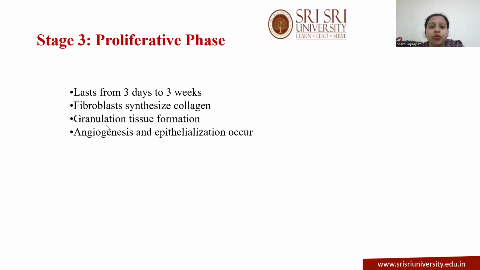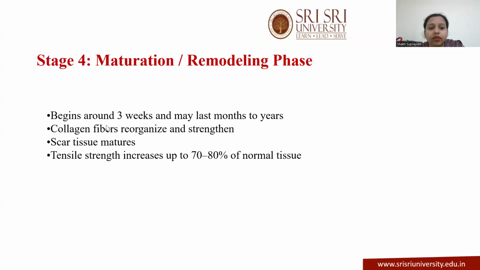Then the third stage of wound healing is the proliferative phase. It lasts from 3 days to 3 weeks. Fibroblasts synthesize collagen, and granulation tissue formation, angiogenesis and epithelialization occur. Then stage 4 is the maturation or remodeling phase.